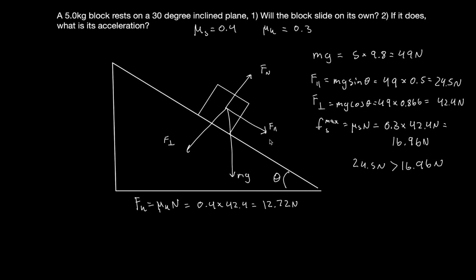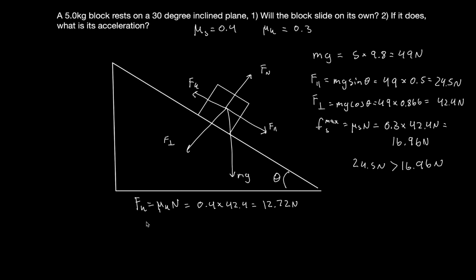Now let's try to find our net force going down the ramp. So this is actually going to be our parallel force minus our kinetic force, because these are the only two forces that are now acting upon this block to cause that acceleration. So we're going to have Fk over here.